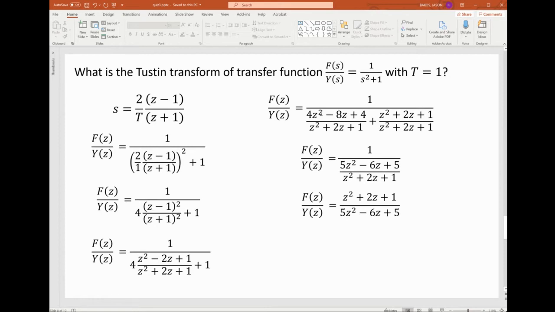Z-domain transfer functions are the discrete form of the S-domain. But the confusing part of that is that it's not like you can just take S and make it Z. It doesn't work that way. In fact, even the Tustin transform is an approximation. It uses the trapezoidal method to approximate a continuous function with a discrete function.